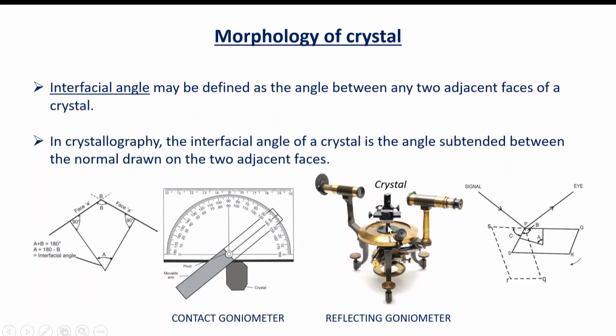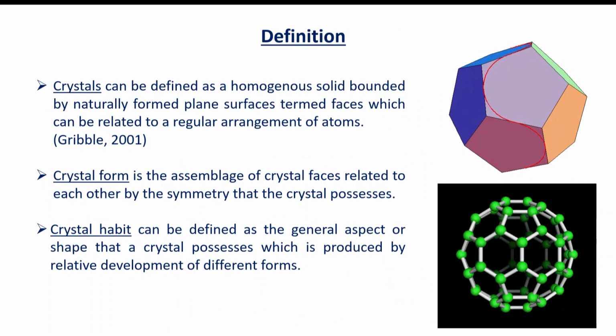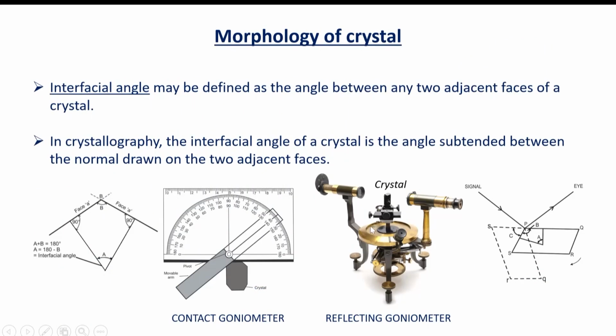As you turn the crystal, at the edges there will be no reflection, but again at the adjacent face there will be reflection. So again you can take the reading from the rotating stage, and then you can simply subtract the smaller reading from the larger one, and you can find out the interfacial angle.